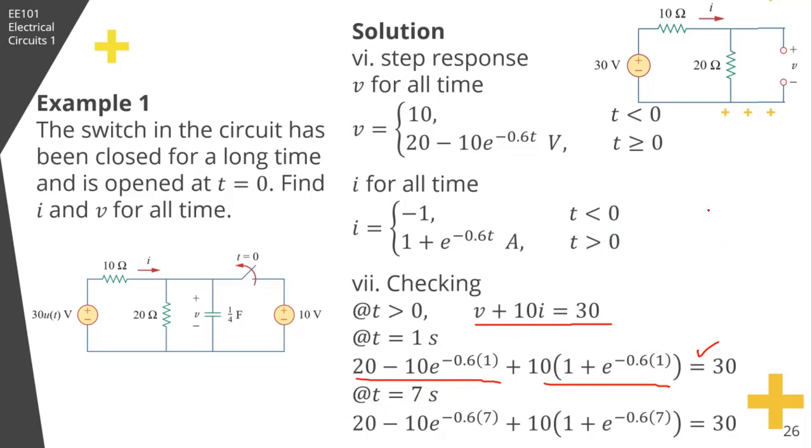Times 5, that's 25 over 3, which is 8 point something. So let's check at 7, and it is still 30. Even if you try that at other times.